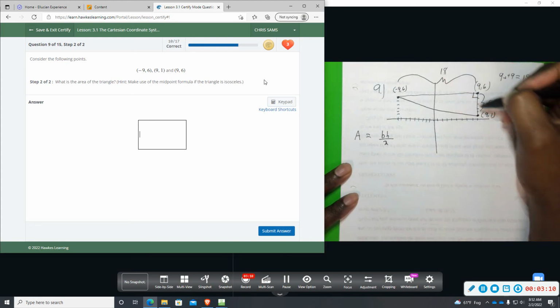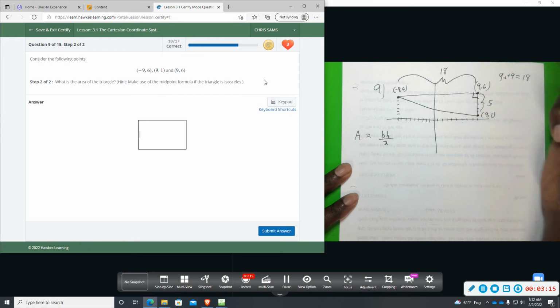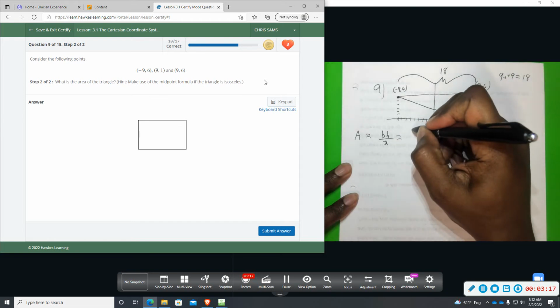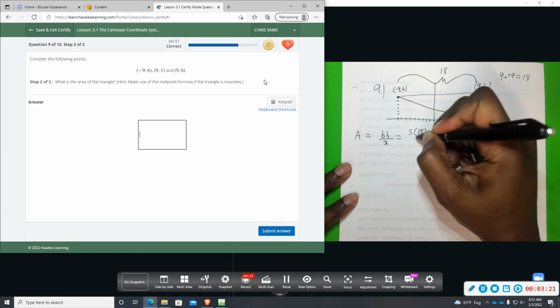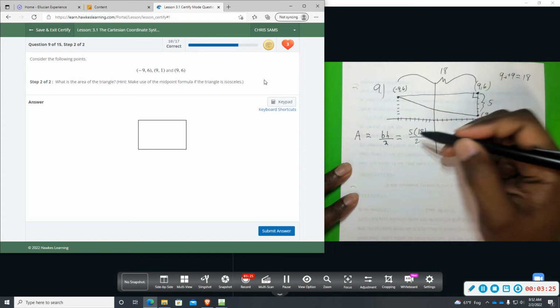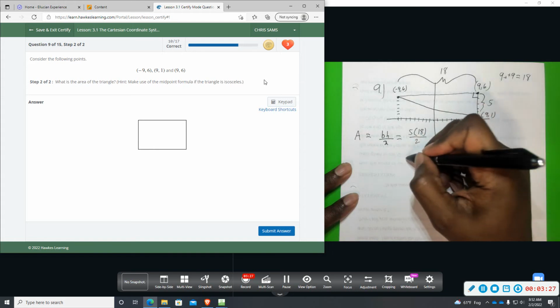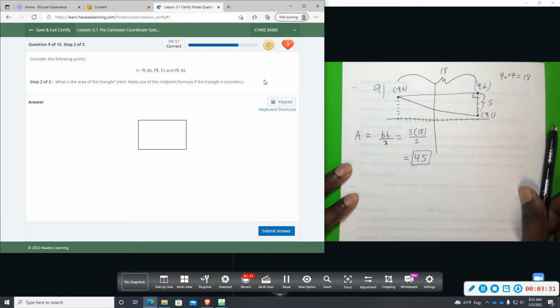And so we have base of 5, height of 18. So we will plug that in. 5 times 18. I don't know if I said 19, it's 18. We're going to divide by 2. And that will give us 90 divided by 2, which will give us 45. So the area of this triangle would be 45.